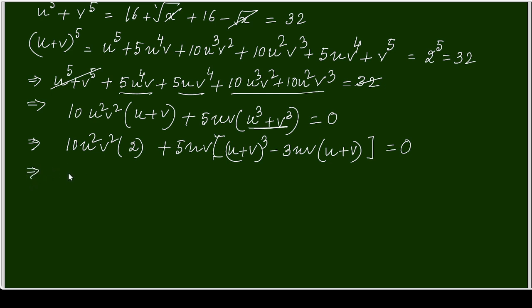Or this gives us 20 u squared v squared plus 5 uv, with 8 minus 3 uv, where u plus v again is 2, equal to 0.